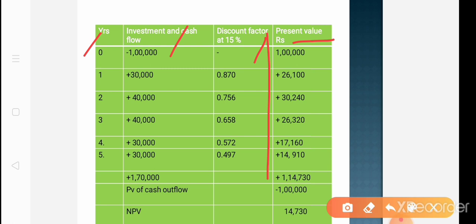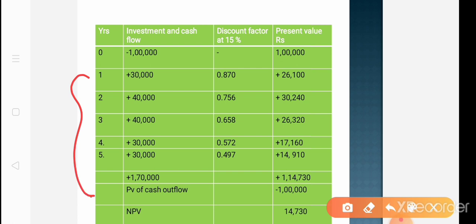Under this, we are not discounting the outflow amount, because we are investing today and we are finding how much we will earn in the later period. So that's called present value. So we do not need to find out the investment amount's present value.